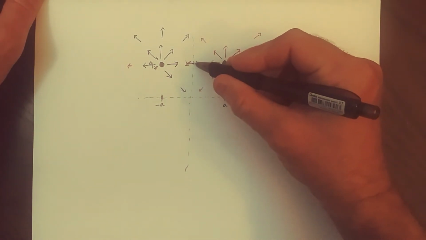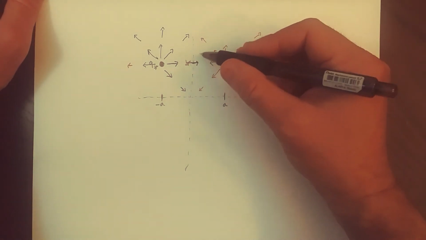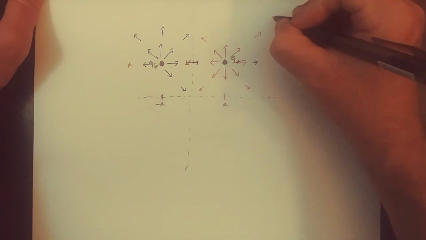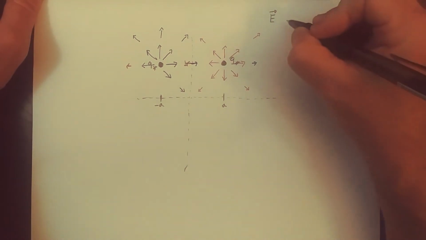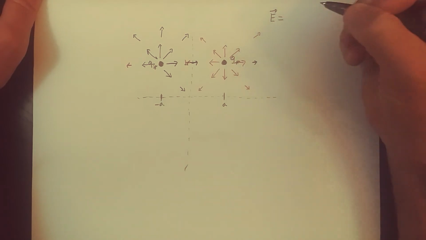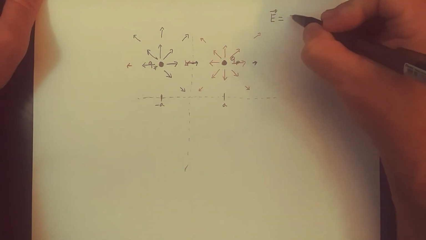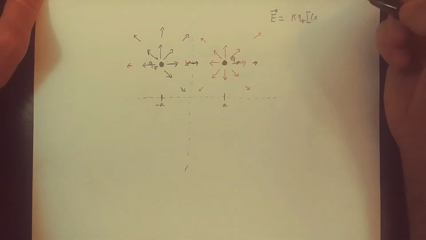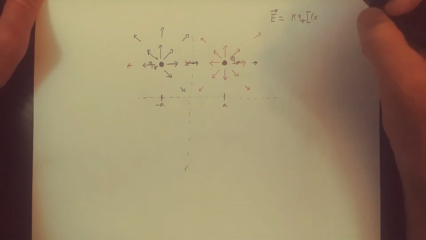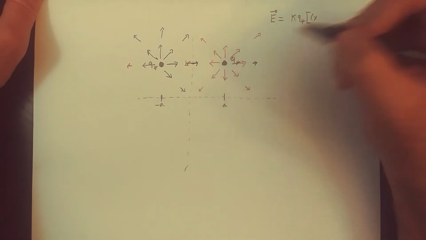This is x equals 0, y equals b. So let's evaluate the field there, and let's make sure that in fact it goes to 0. The electric field is just the sum of the two electric fields. So it's the electric field of the particle over here. Let's write that electric field first. It's k q star times x minus the x value of the particle that creates the red field, which is x equals a.